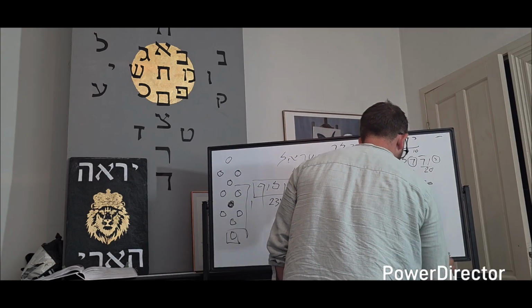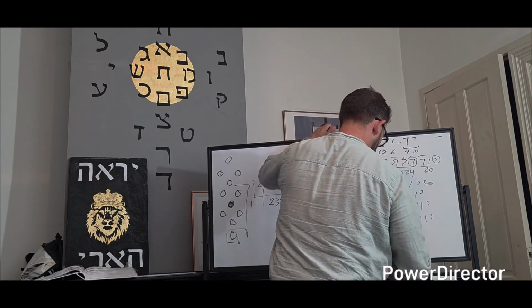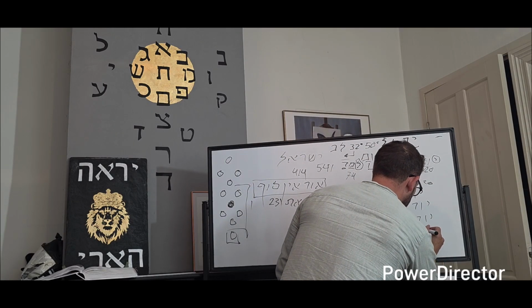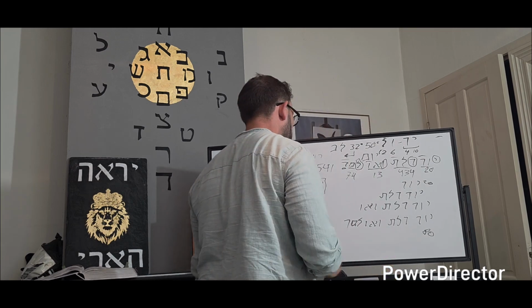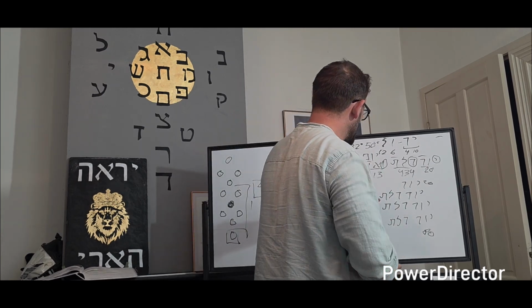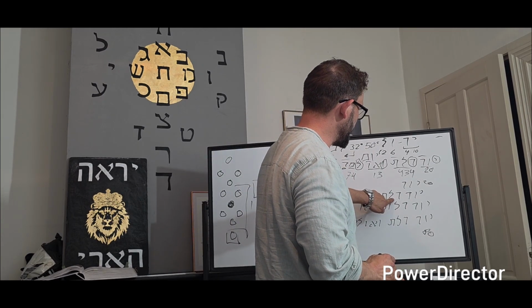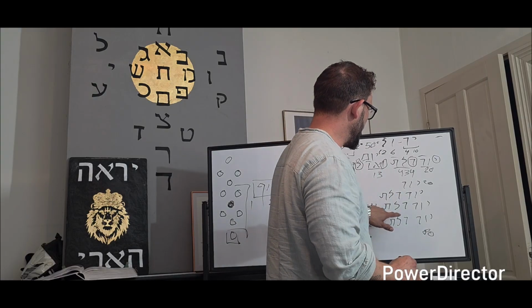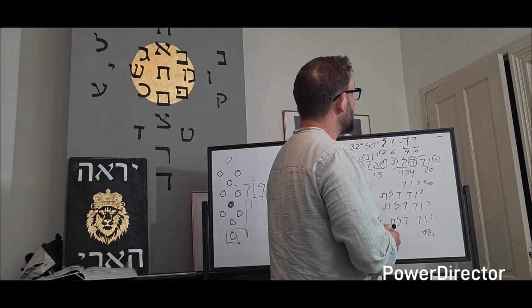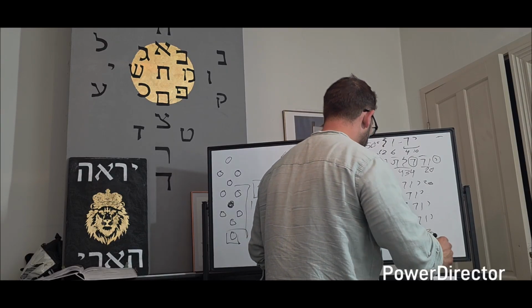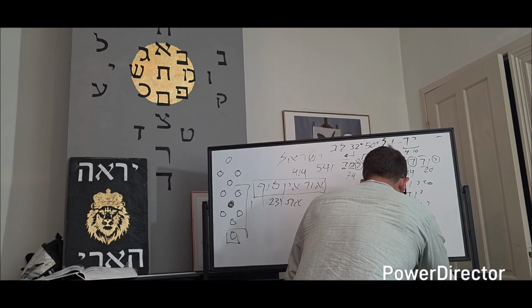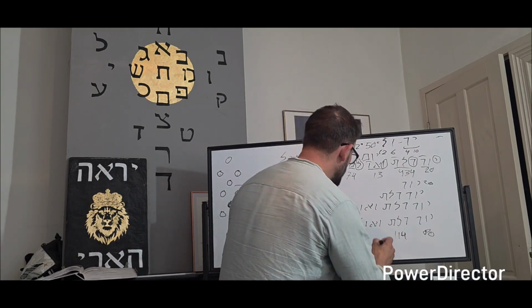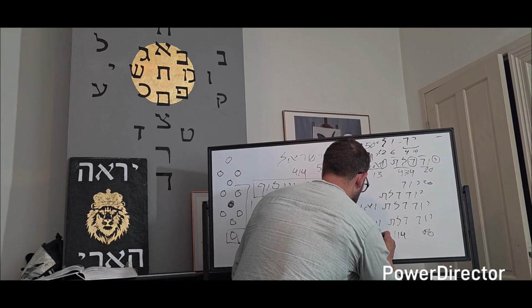Yud is 20, so 4 times is 80. Dalet is 22 plus 12, 34 plus 4 is 38. And 38 times 3 is 90 plus 24, 114. And Vav is 13, 2 times 26.